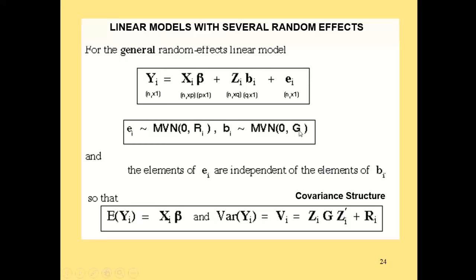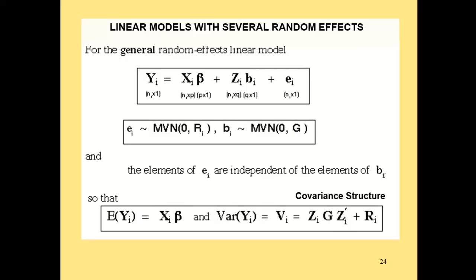But notice that G does not have a subscript of i. It is not subject specific. So both R and G are variance-covariance matrices. R is a matrix of variances and covariances for the error terms, and G is the variances and covariances for the random effects themselves. But that matrix is not subject specific.